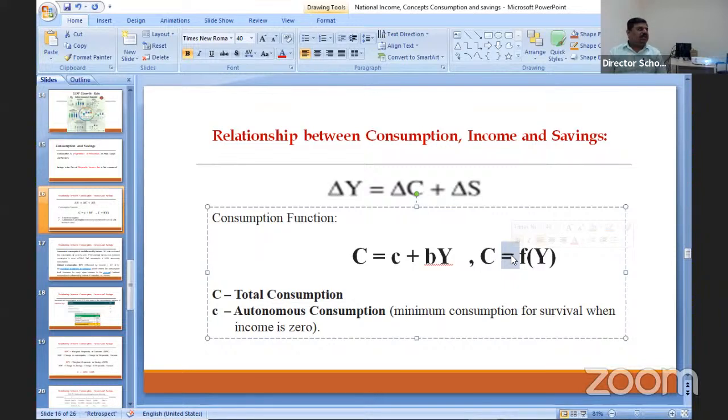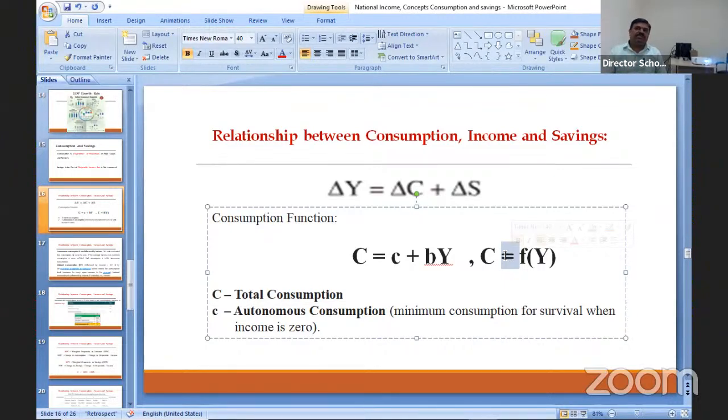For example, if the income of a person increases, then obviously the consumption of that person also increases. And on the other hand, if the income of a person decreases, then the consumption also decreases. There is a positive relationship, which means both variables change in the same direction.